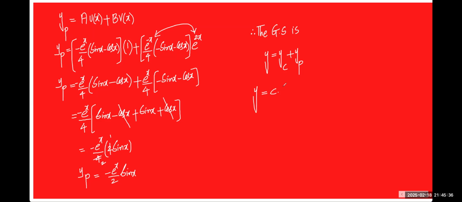C1 into 1 plus C2 into e power 2x plus yp value, which is minus e power x by 2 into sin x, and that is your long answer completed. This is called the method of variation of parameters.